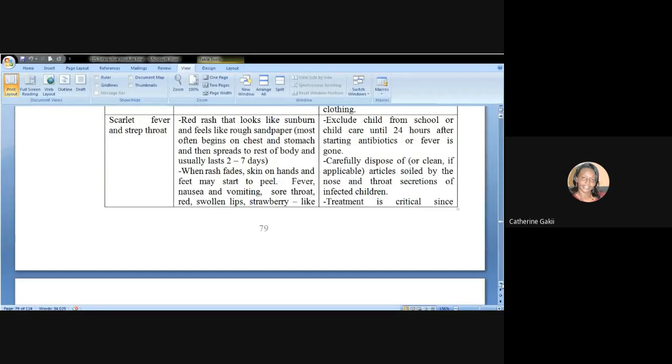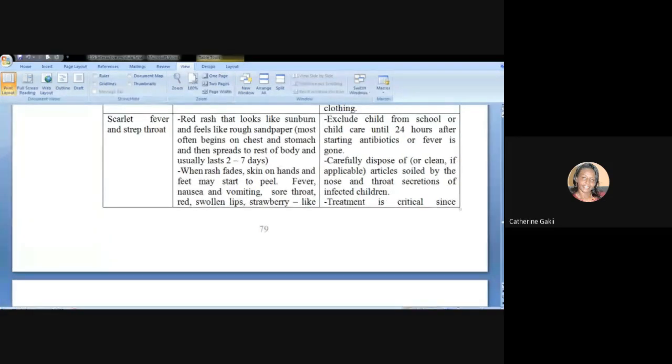The rash is reddish, red rash that looks like a sunburn, and when you touch it, it feels as rough as sandpaper. It will begin and spread to the other parts of the body from the chest or from the stomach.